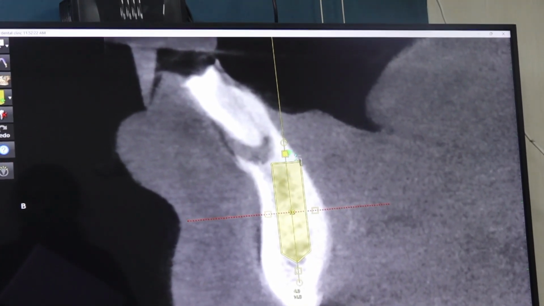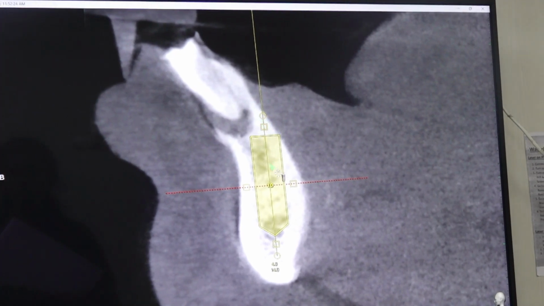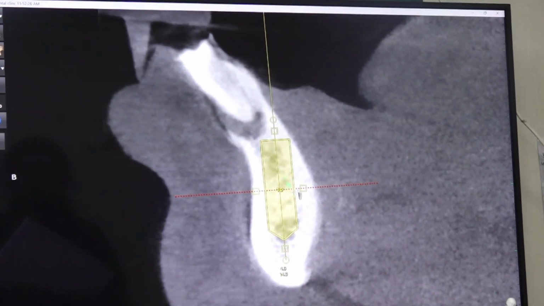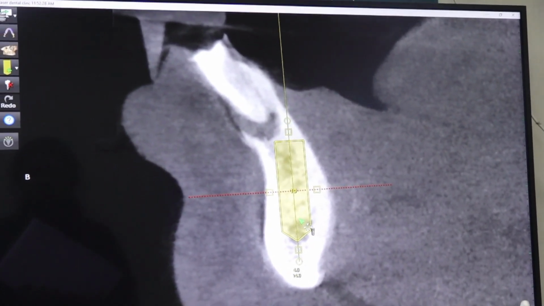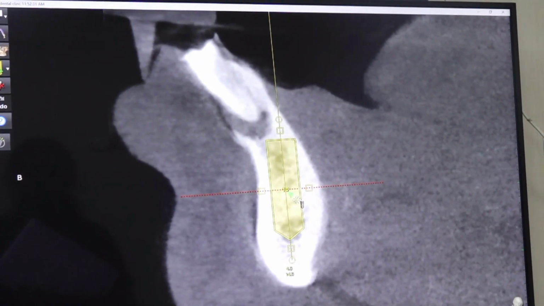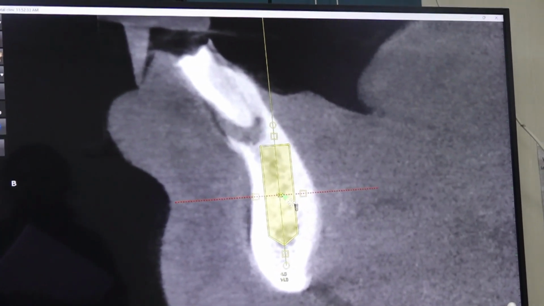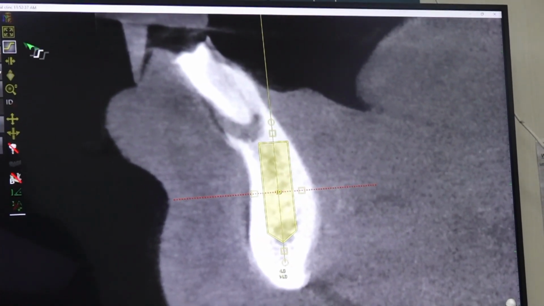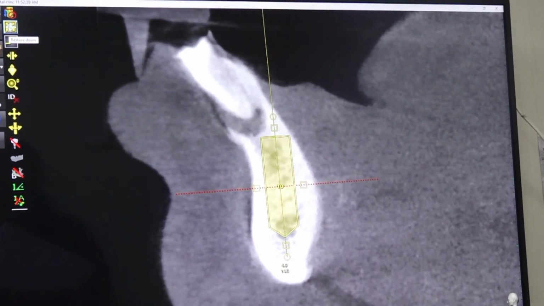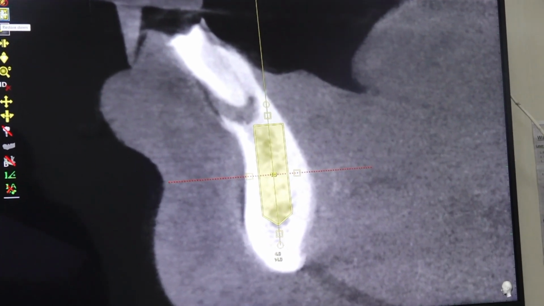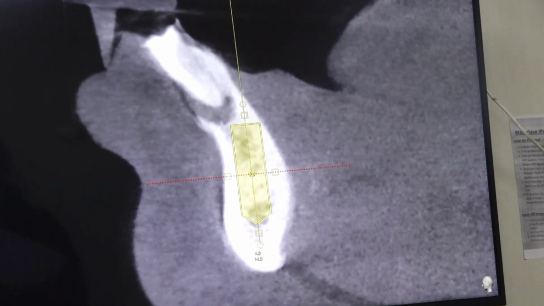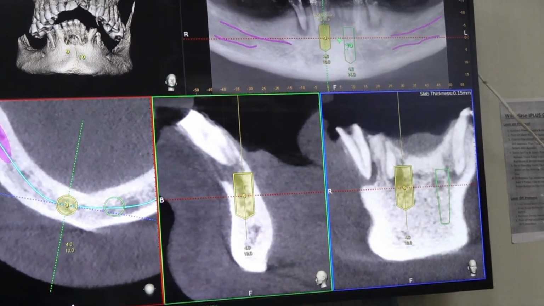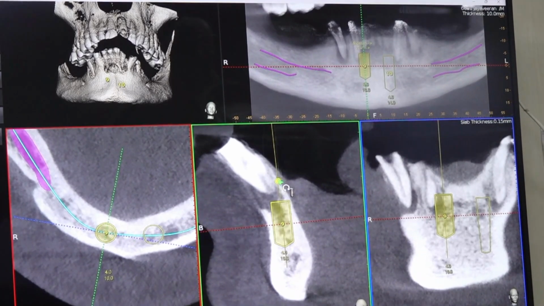Diameter is 3.75 or 4.1, whatever it is. The bone quality is very good. It's 1200. So better we select a smaller diameter, because with a bigger diameter there is difficulty in inserting. The implant will lock in between, right? So this is 4-1 region.